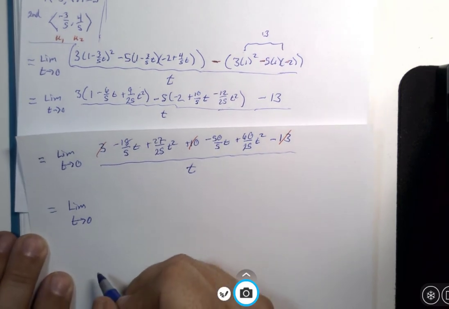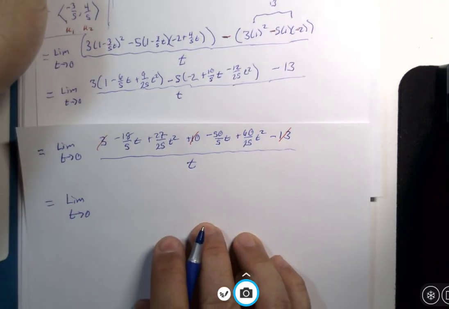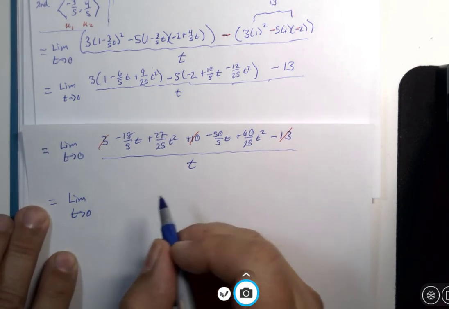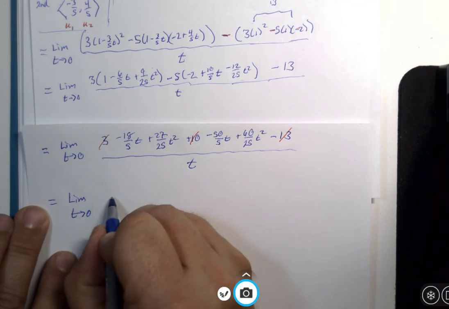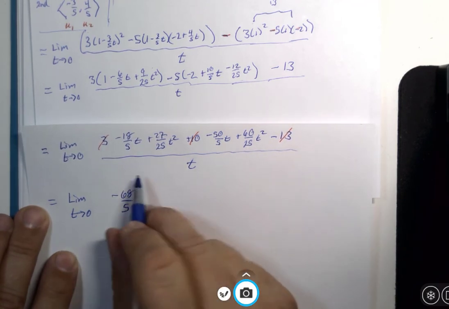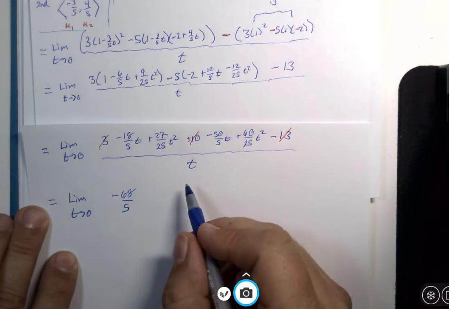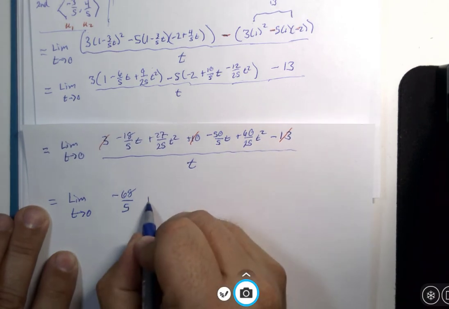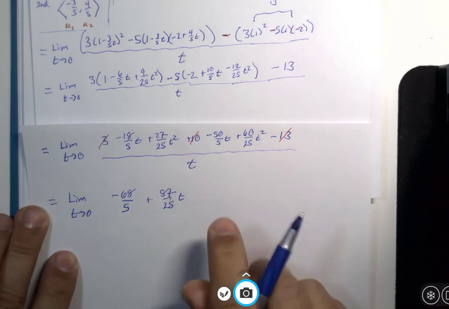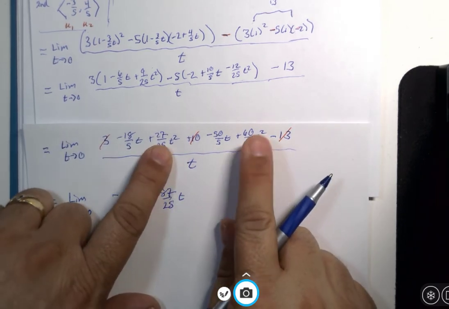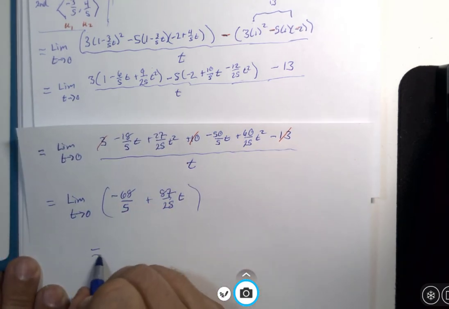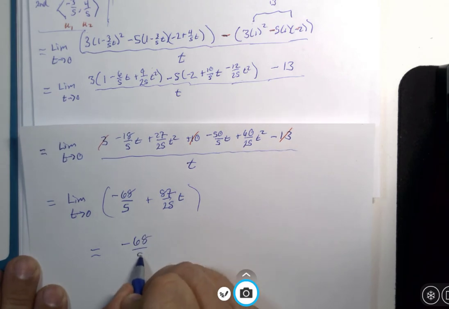What do we got cooking here? Well, I got negative 68 over 5 reduced plus 87 over 25 t, because I combined those terms but I reduced by one factor of t, and if t approaches 0 I get negative 68 over 5.